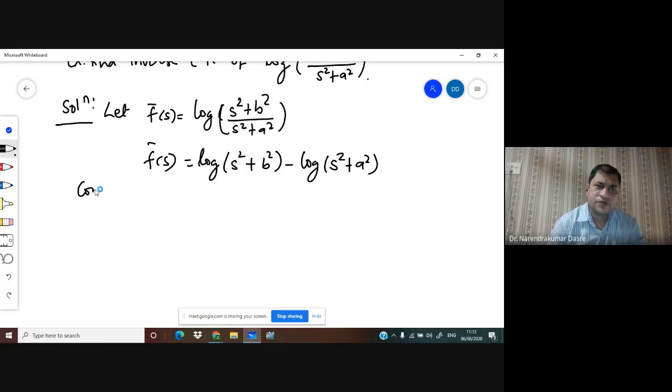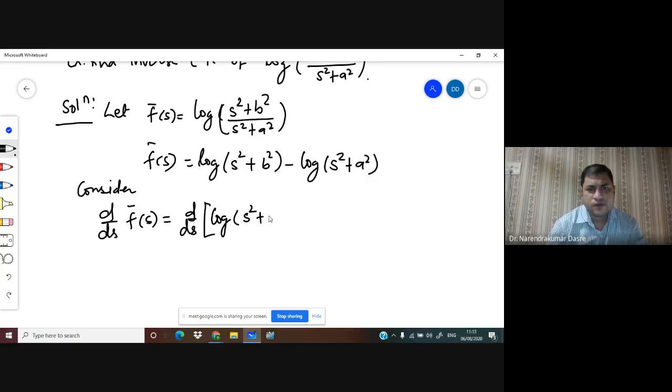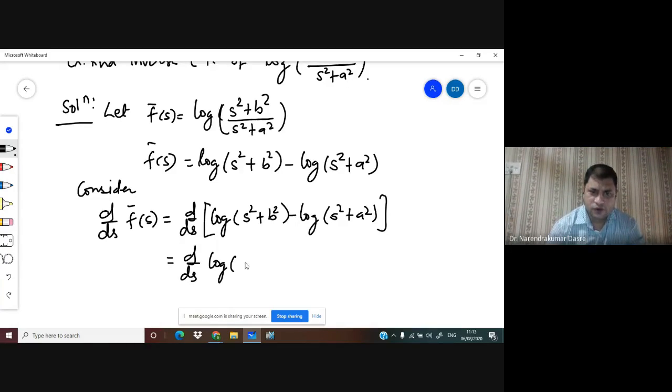So this is f bar of s. Then we consider the derivative of f bar of s. So we have d by ds of log of s square plus b square minus log of s square plus a square. Now this is d by ds of log of s square plus b square minus d by ds of log of s square plus a square.